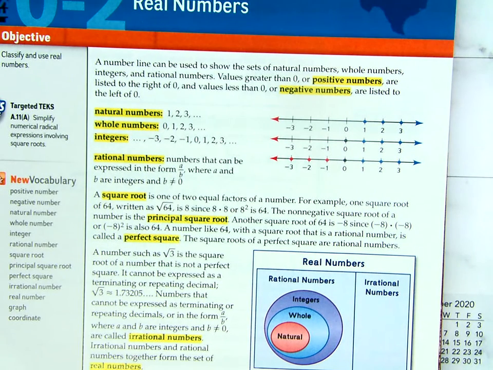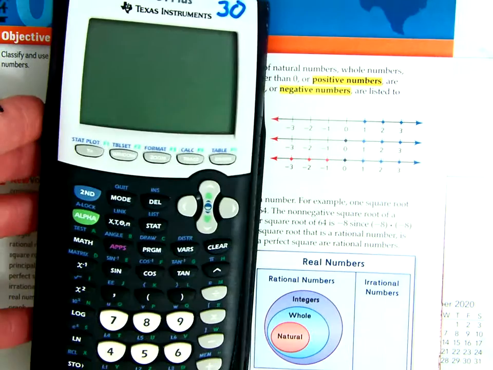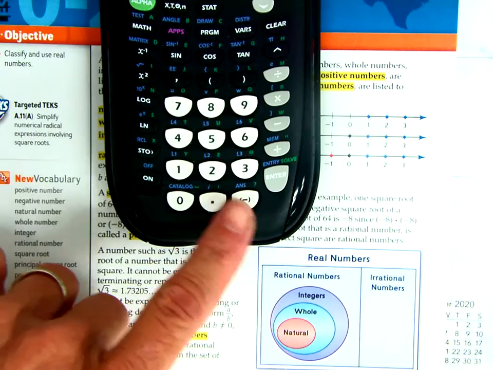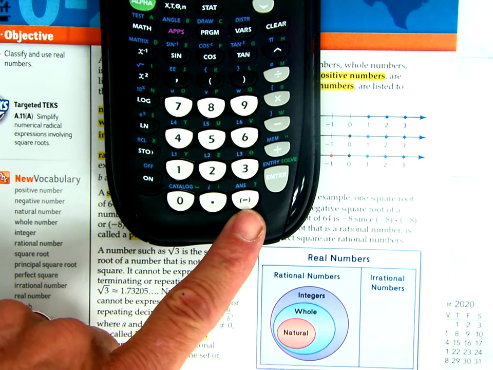We're going to learn something about our calculator here. So pick your calculator up and turn it on. On the very bottom, right below the 3, that's the negative sign.